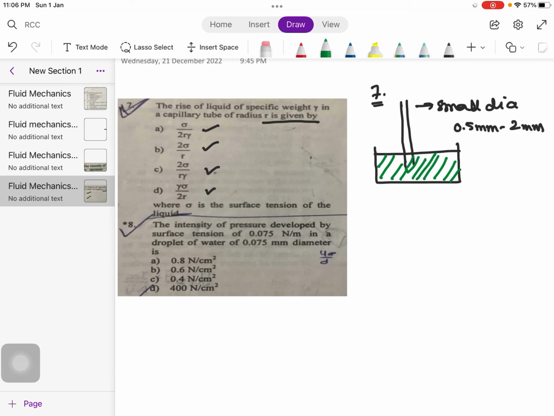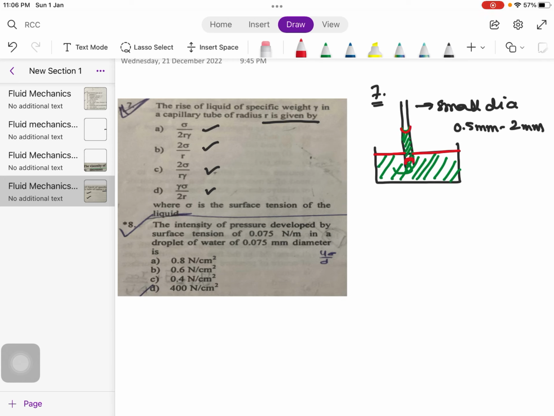We can have two possible scenarios. Either the liquid in this container will rise up this capillary tube, or it will experience a fall in the capillary tube from the normal surface level of this liquid in the container.